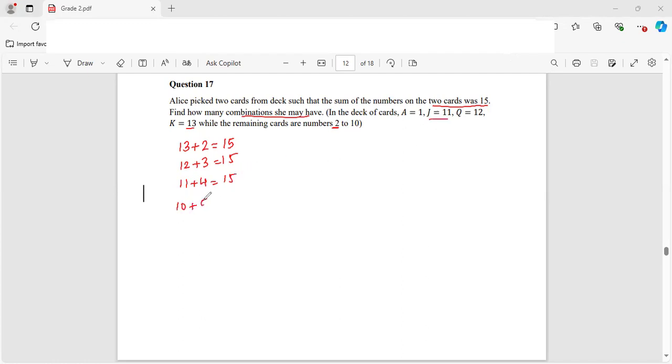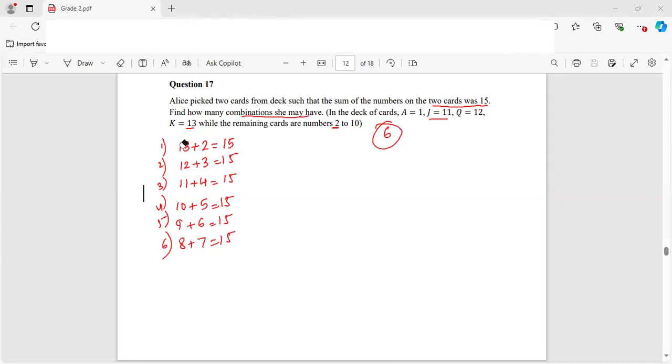Then I have 10 plus 5, 9 plus 6, and 8 plus 7, each of which will give me a 15. Then is there any other combination that I can take? No. So 1, 2, 3, 4, 5, and 6. So the total combinations are 6, the numbers which when we add will give me a 15.